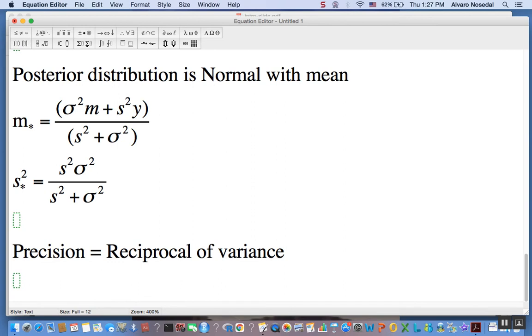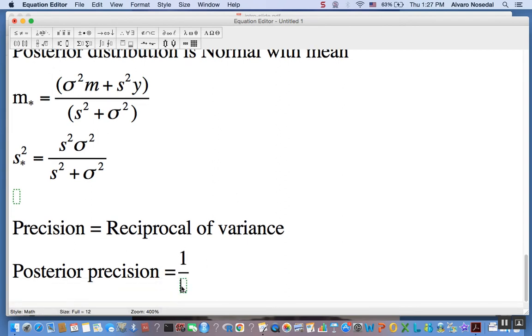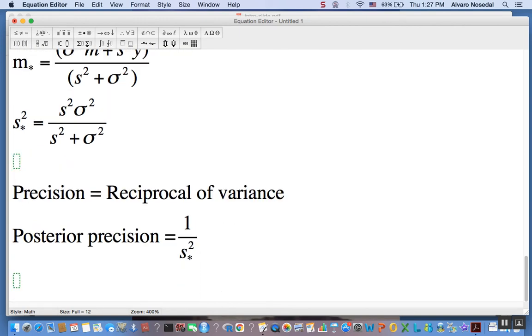So you could have a prior precision and a posterior precision. In this case, the posterior precision would be just 1 over s star squared.